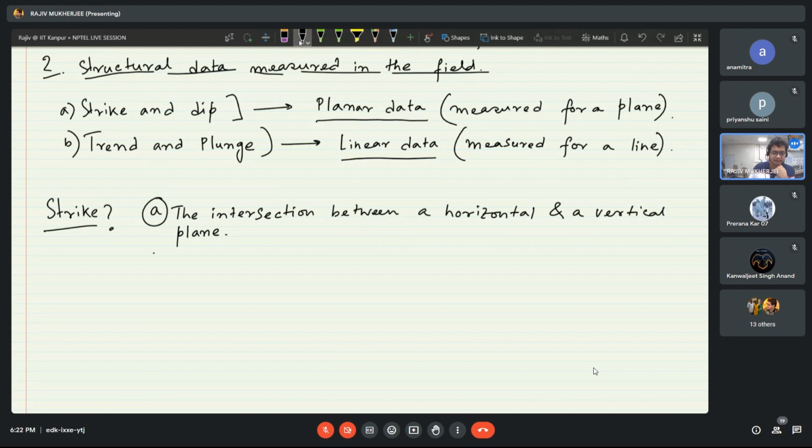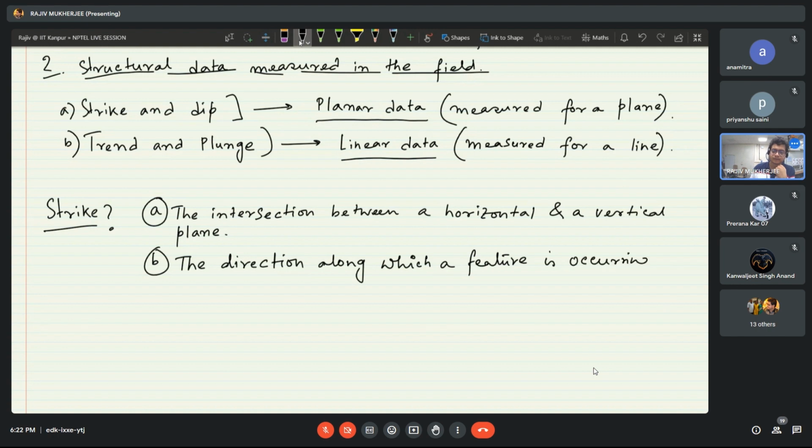Okay, any other answer? The direction along which a feature is occurring. Any more answers? Any other answer apart from these two? Anything?